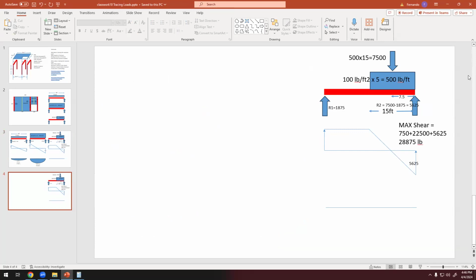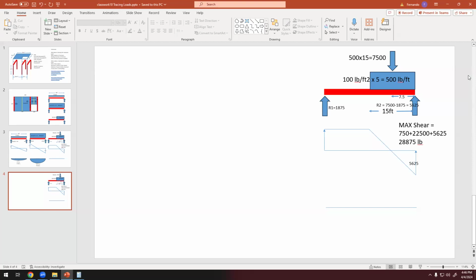Where will the maximum bending moment be in this beam? Is it in the middle of the beam or here? I guess.